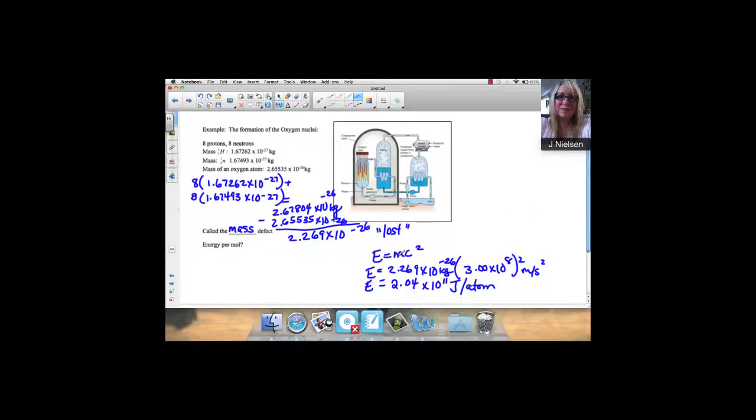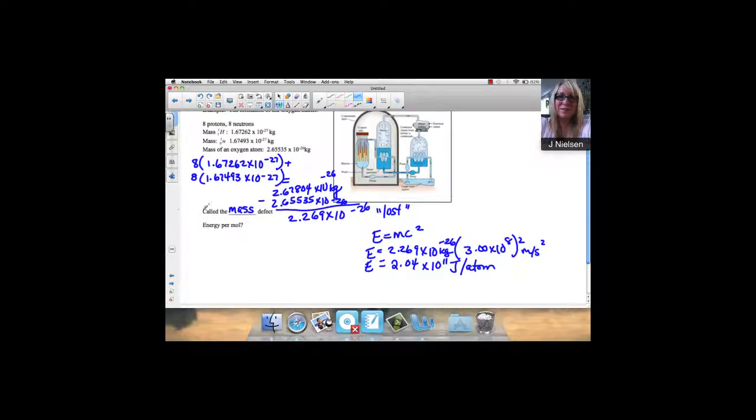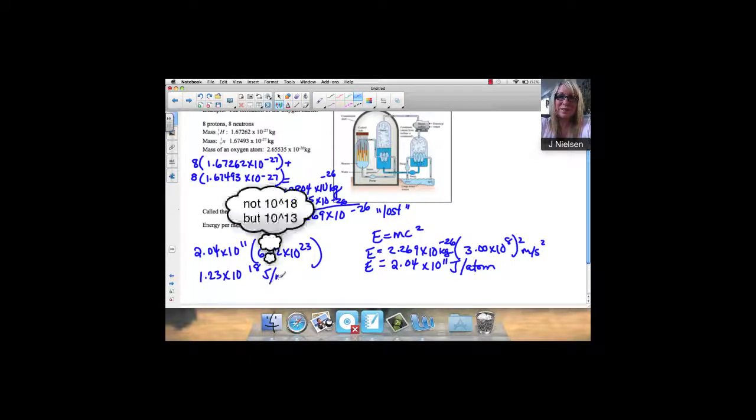So if I want to convert that to energy per mole, I just have to times it by Avogadro's number, 6.02 times 10 to the 23rd. And this is going to give me 1.23 times 10 to the 18th joules per mole.